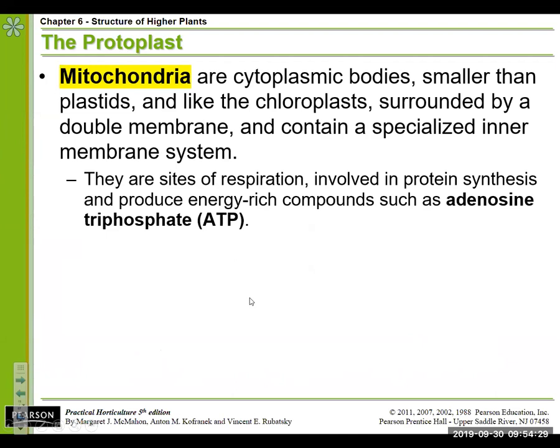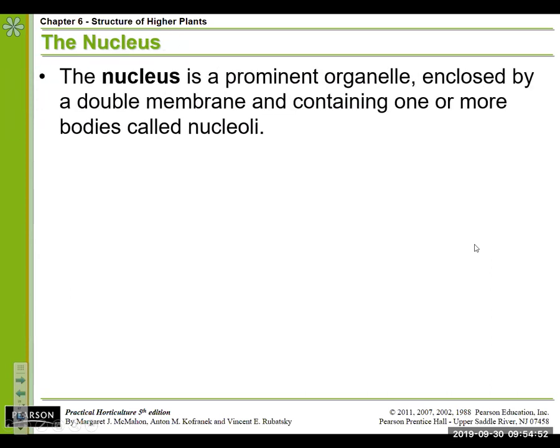Proteins are made in the endoplasmic reticulum, but then they're further synthesized in the mitochondria to help produce energy. One of these energy-rich compounds we look at is adenosine triphosphate, ATP. It's an energy carrier, how the plants move energy throughout the cell and throughout the plant itself.